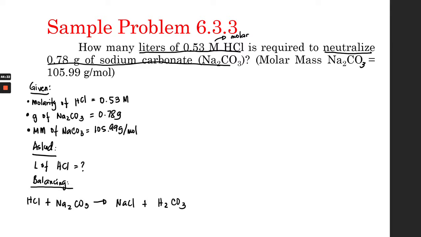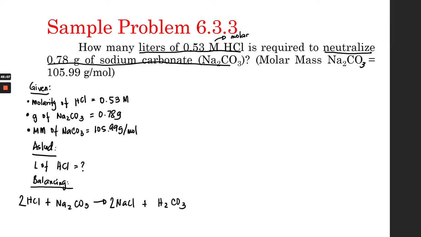Okay, so now let's look at our equation and try to balance this. In our product, we have two atoms of Na, and in the reactants we only have one, so we definitely have to put a 2 in front of NaCl, which means we now have two atoms of sodium and two atoms of chlorine. But in our reactant we only have one atom of chlorine, so let's write 2 in front of HCl as well. Now let's see if our H is balanced.